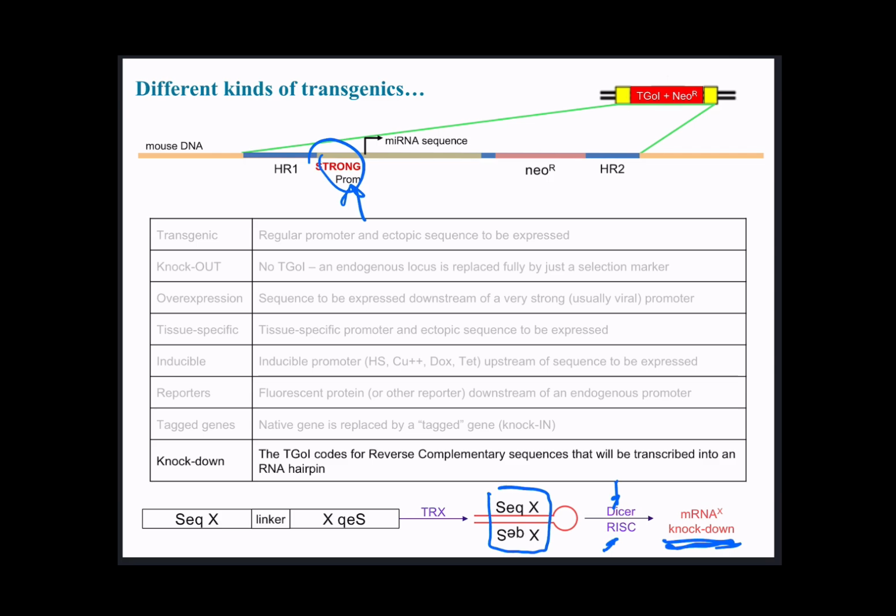So if you would like to inhibit the expression of mRNA Z, then what you do is you introduce into the animal some sequence that is specific to gene Z, a linker, and then that same sequence in reverse complementary orientation, and then you let the cells deal with the rest. When these very special constructs get transcribed, they will form the hairpins that will give rise to the microRNAs that will get loaded into the RISC complex and lead to inhibition of the mRNA for gene Z.